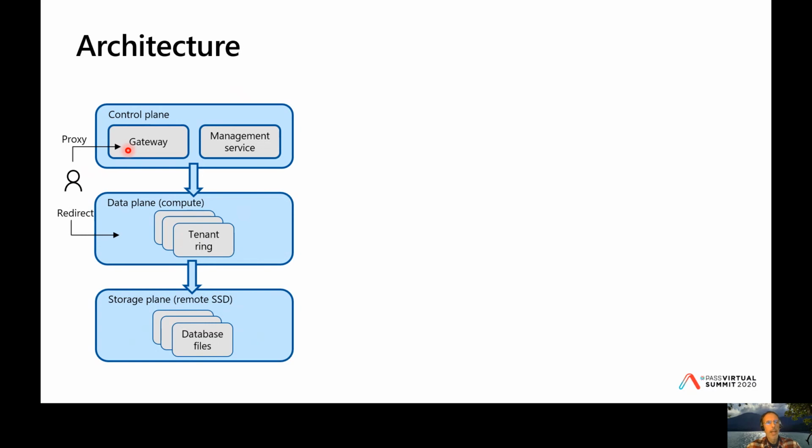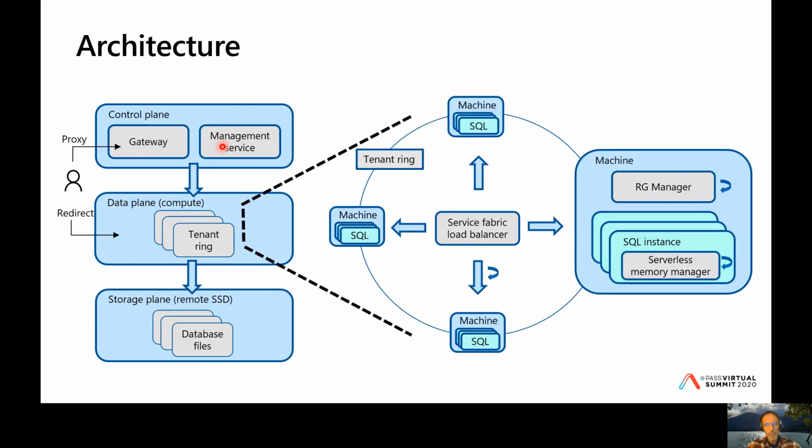And then on a subsequent connection attempt, the gateway will authenticate the client and then transfer control over to the management service, which will then work in cooperation with the service fabric to identify a specific machine in a tenant ring that has sufficient capacity to handle the rescaling patterns for that serverless database.